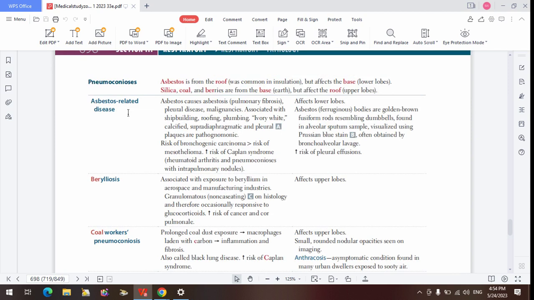They affect the upper. The way you can remember it is, asbestos, you use it in roofs. That's the upper part of the house. So just inverse it. It affects the lower part of the lungs, and it is only asbestosis that affects the lower part of the lungs. When someone has chronic exposure to asbestos dust, with eventual pulmonary fibrosis, that is asbestosis.